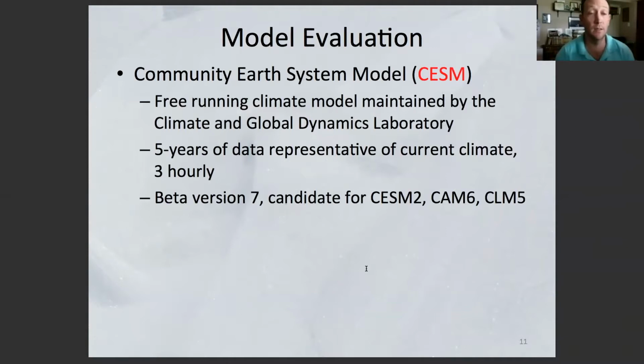Here, Jan's been gracious enough to provide these five years of data representative of the current climate. So we're trying to evaluate how this current beta 7 version is performing, and it's basically a candidate for CESM2, which will be officially released possibly later this year.